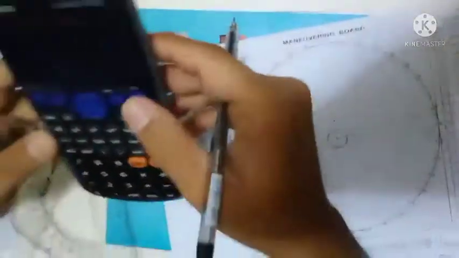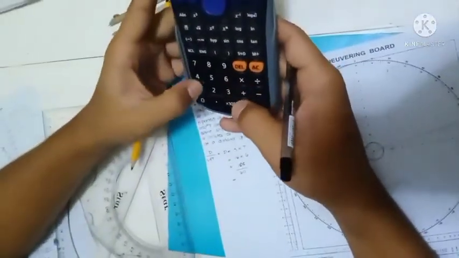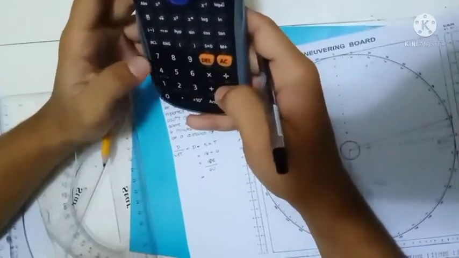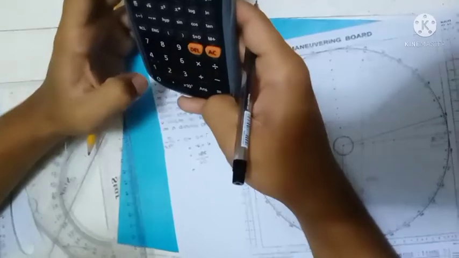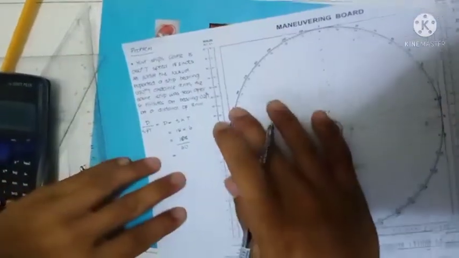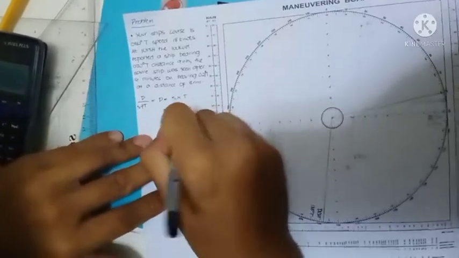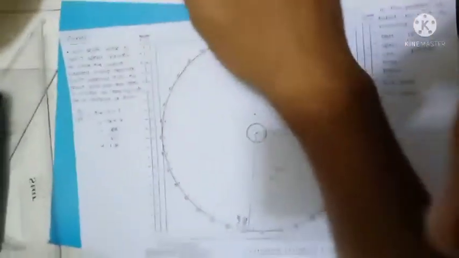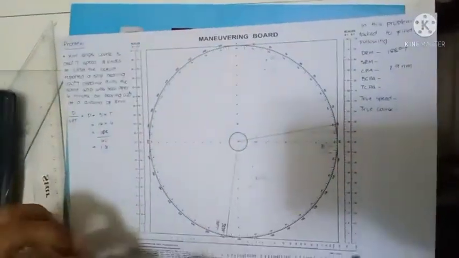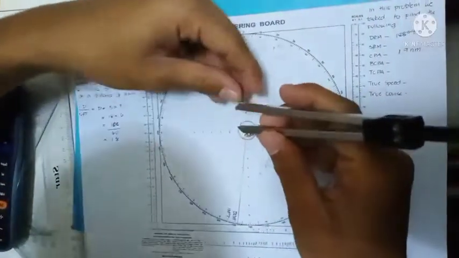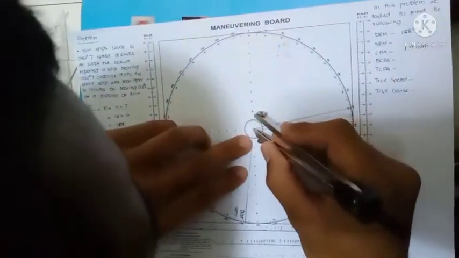So 108 divided by 60, the distance is 1.8. So you use the compass divider, locate the 1.8 here.